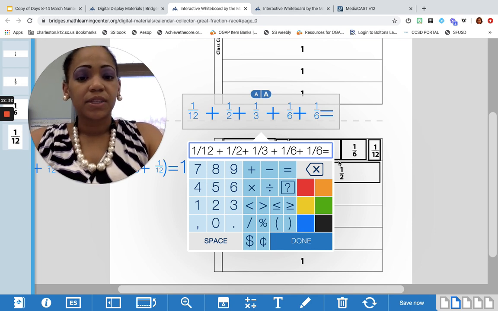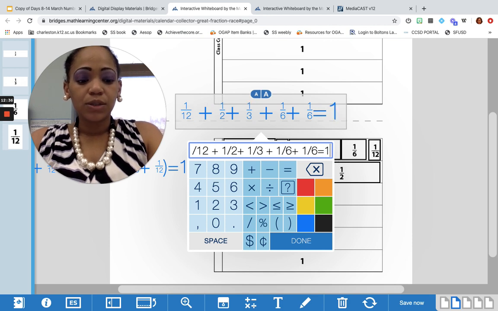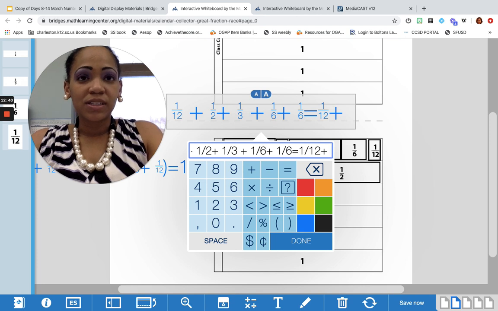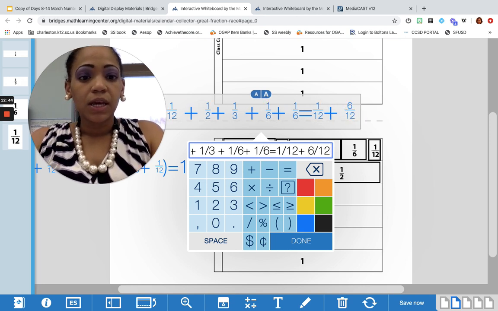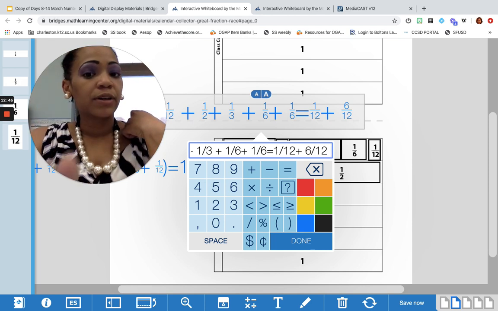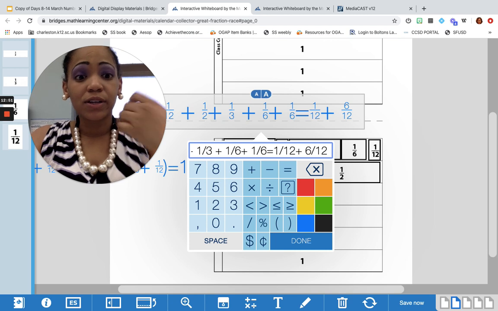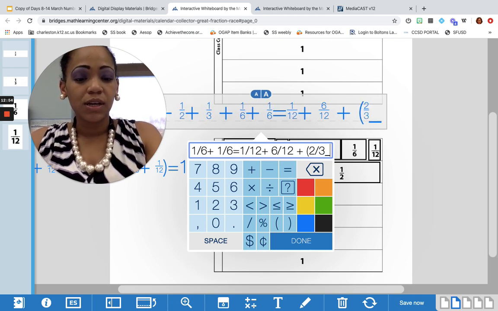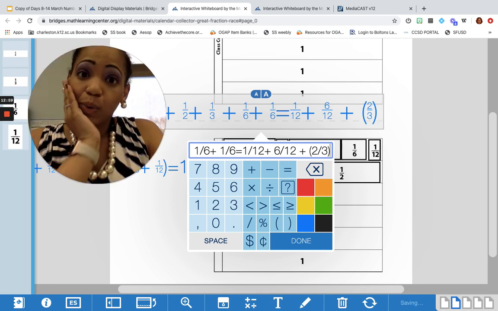So I'm going to say 1/12 plus, how many 12ths are in a half? 6/12. And then we know we have 1/3 and then another 1/3 because 1/6 plus 1/6 is 1/3. So I could say plus 2/3. But I know that I need to make an equivalent fraction for 2/3 with 12ths.